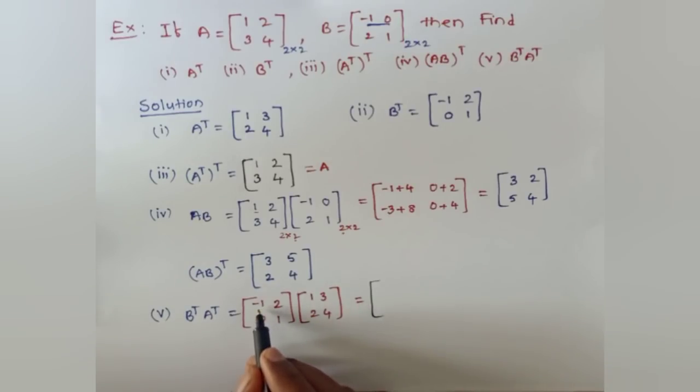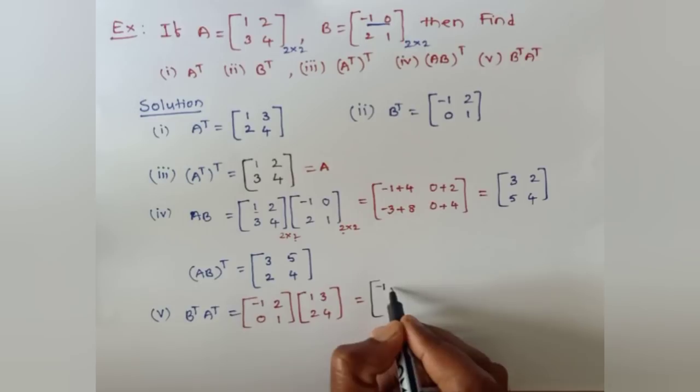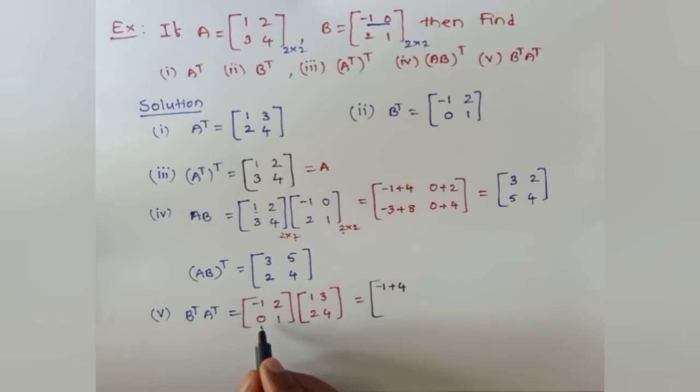Now, multiplying the corresponding row element into column, so -1 into 1 is -1, 2 into 2, that is 4, 0 into 1, 0, 1 into 2, 2.